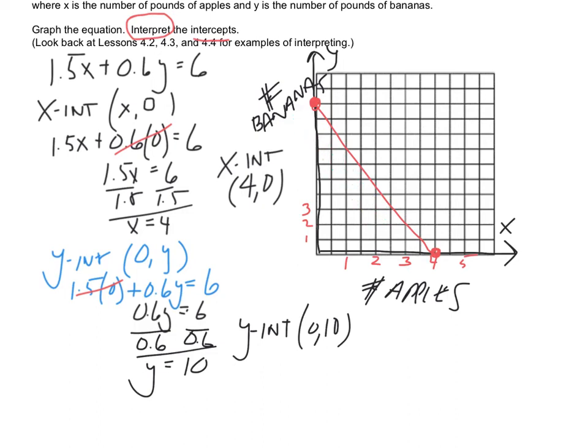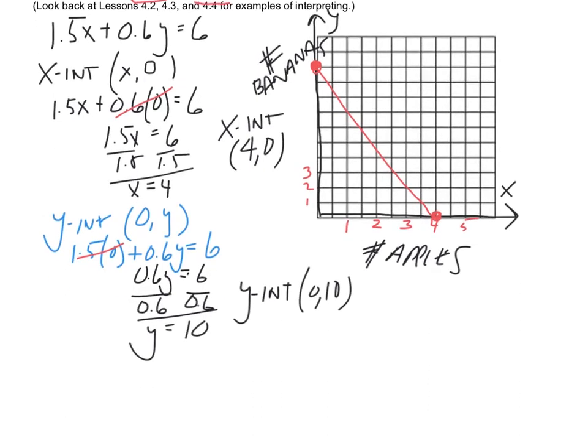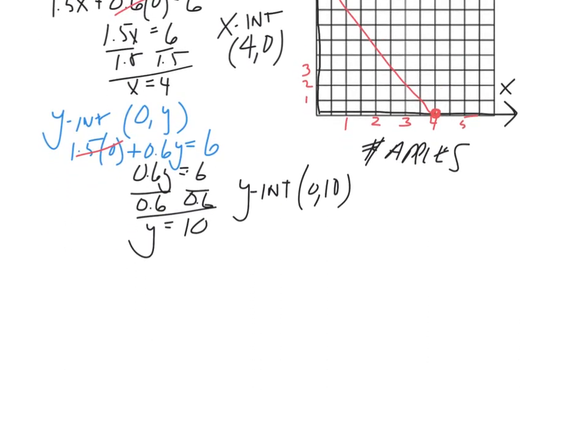But the question asks to interpret the intercepts. So let's just talk about that. Let's start with the x-intercept. We said the x-intercept is (4, 0). Interpret means, what does it mean?